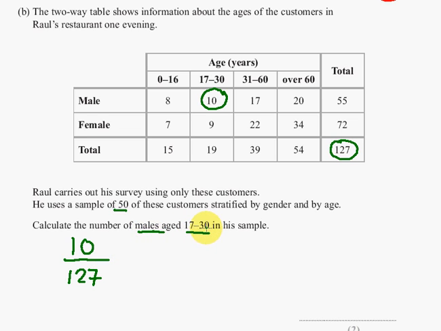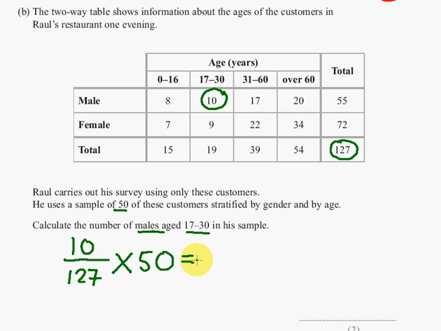Now that is the proportion of people who are male and 17 to 30. Now I want to find that proportion of 50. So I'm going to put that into my calculator, and see how many people is going to be in his sample of 50 people.